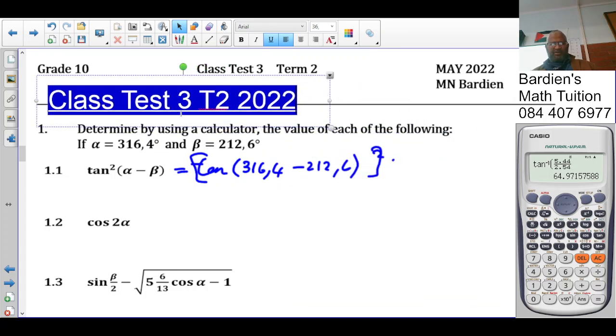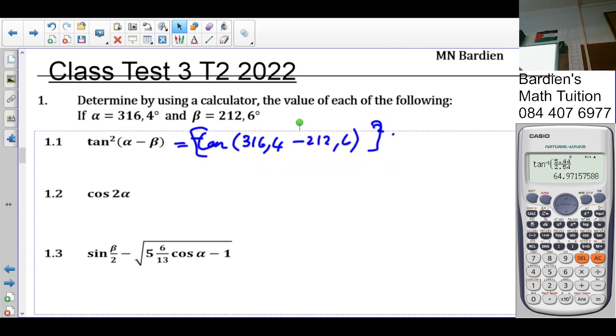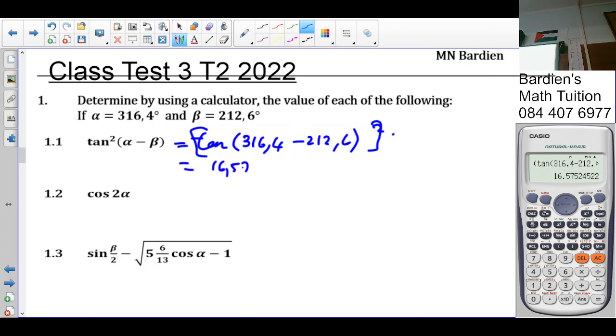I feel like I forgot to square my answer, but let's see. So it's going to be tan, open brackets, tan 316.4 minus 212.6, squared. That's the answer I marked. Okay, so that's going to give you 16,57587.